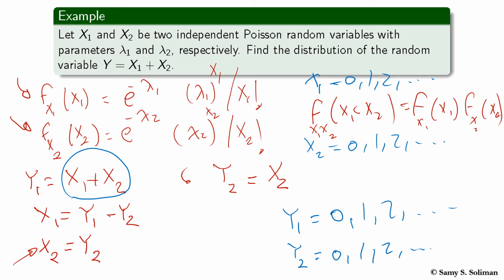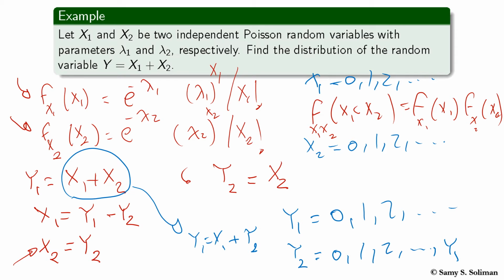However, the maximum possible value of y2 cannot exceed y1, because y1 is equal to x1 plus x2, which is y2 in this example. So y1 can be written as x1 plus y2. The value of y2 cannot exceed the value of y1, because y1 is equal to x1, which is 0 or something positive, plus y2. So the maximum possible value of y2 at any given value of y1 is equal to y1.